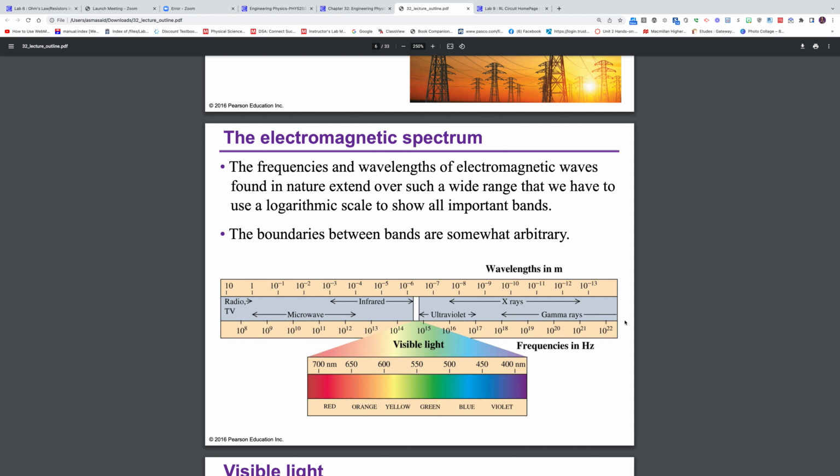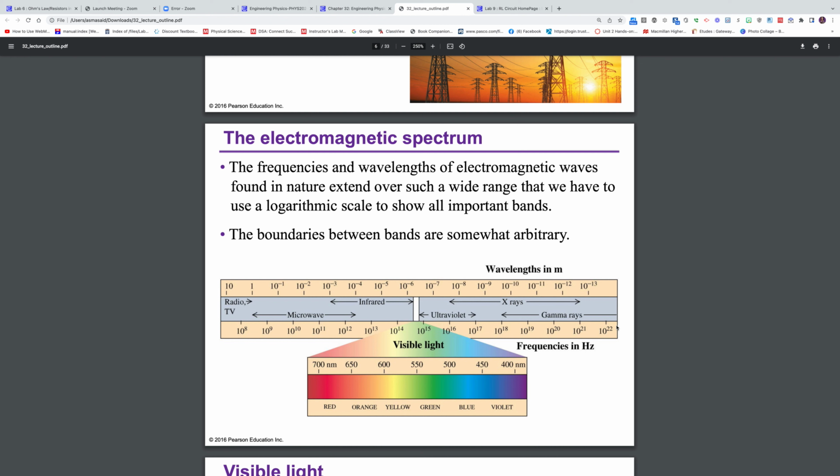On the other extreme, we have very short waves, the gamma rays, which have very high frequency. Frequency has to do with energy, and therefore gamma rays are very dangerous because they are high frequency, high energy.